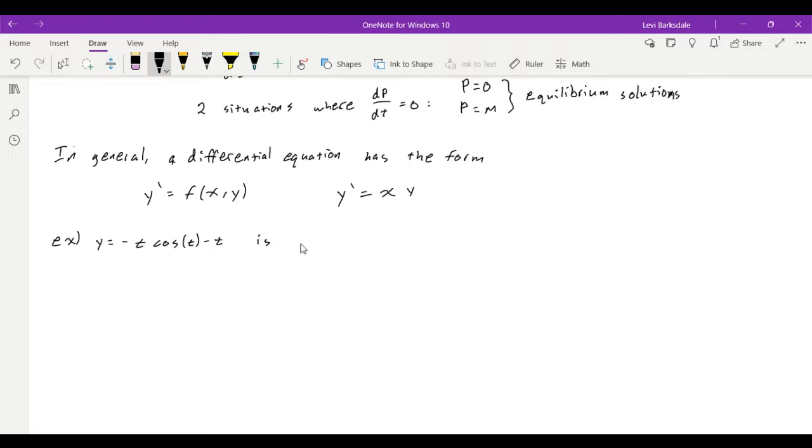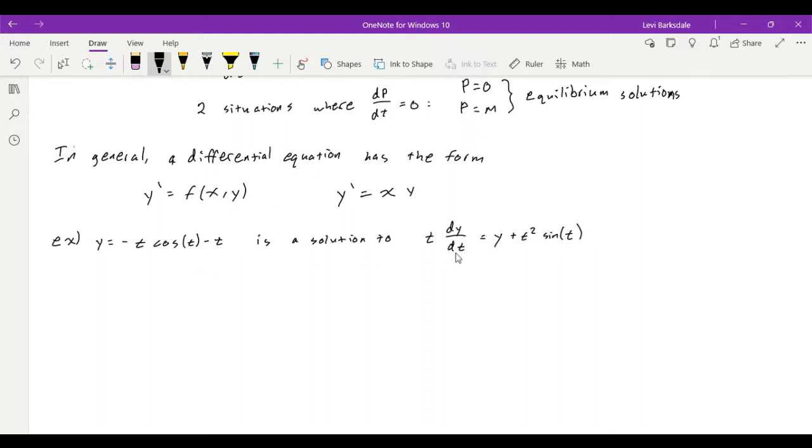Well, I say that it's a solution to the equation t dy dt is equal to y plus t squared sine of t.